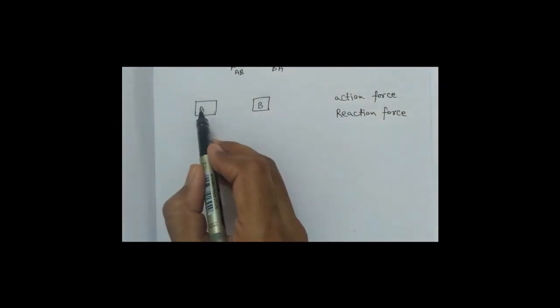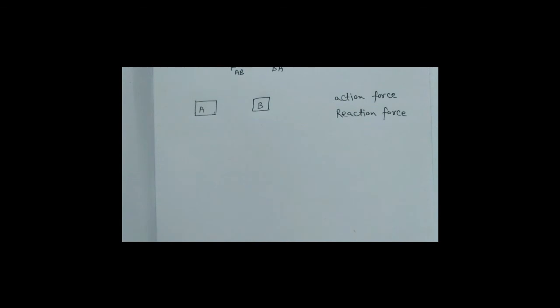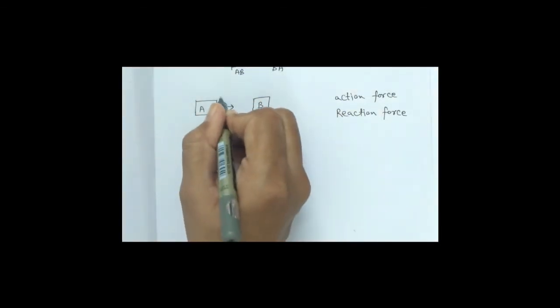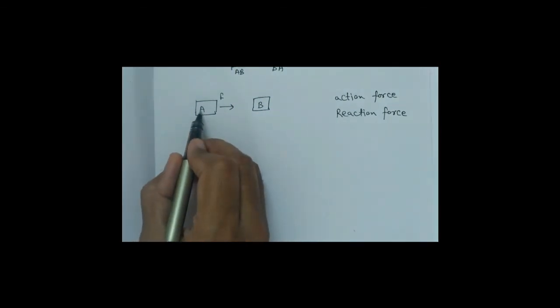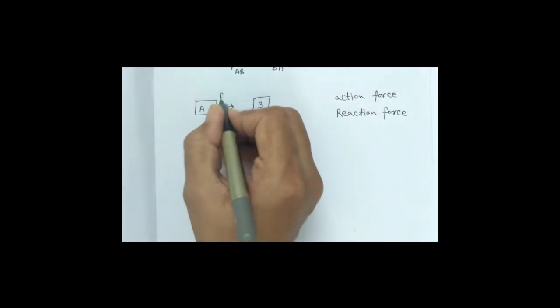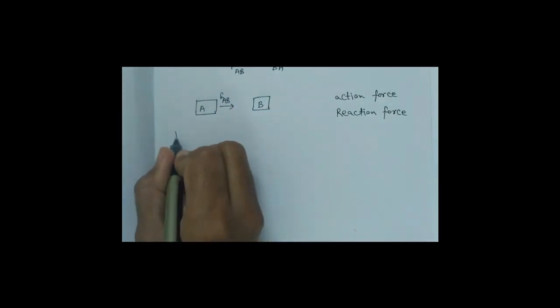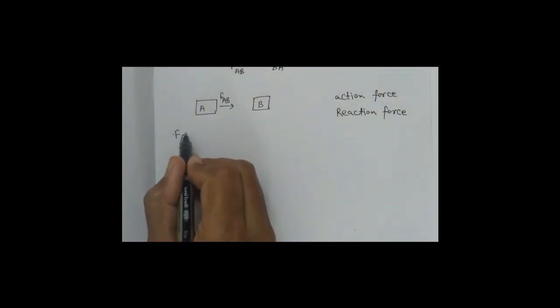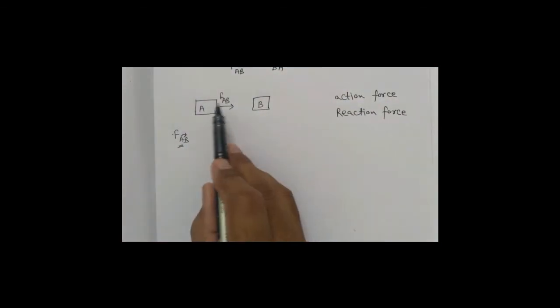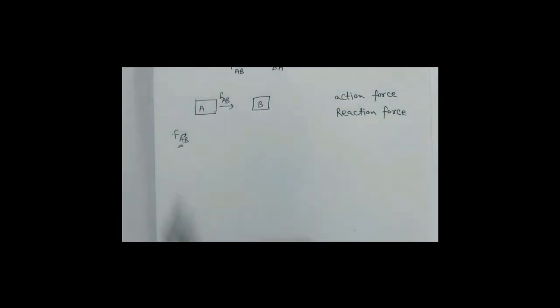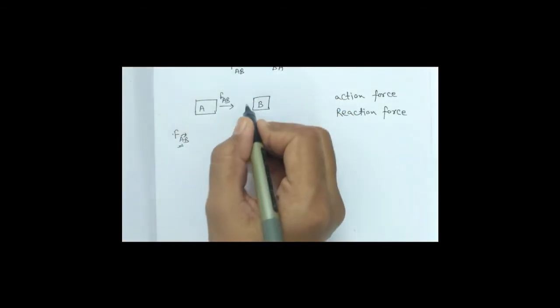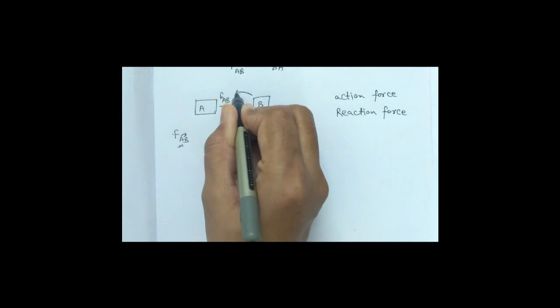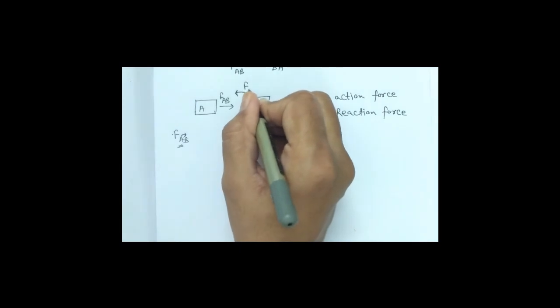Assume that object A has exerted a certain amount of force on object B, like this, F. So I'm writing it like this: FAB means the force exerted by object A on object B. Now, in return, object B exerted the same amount of force on object A, in the form of FBA.